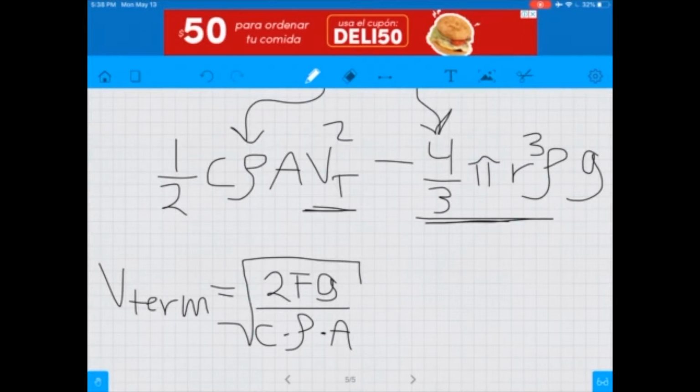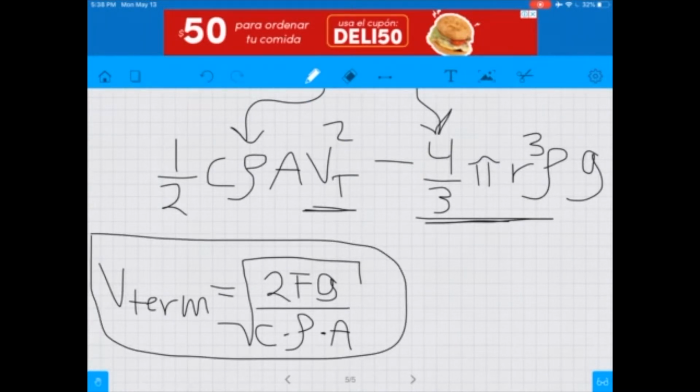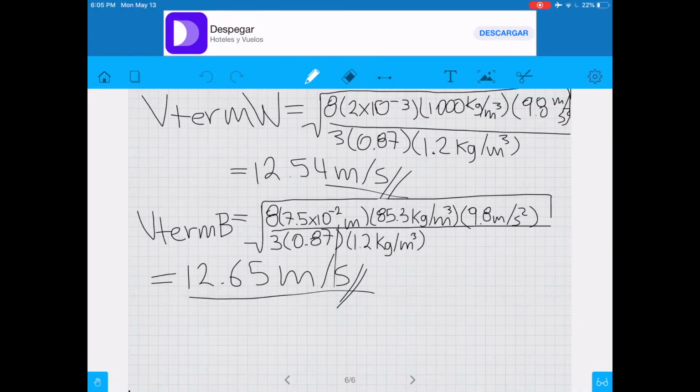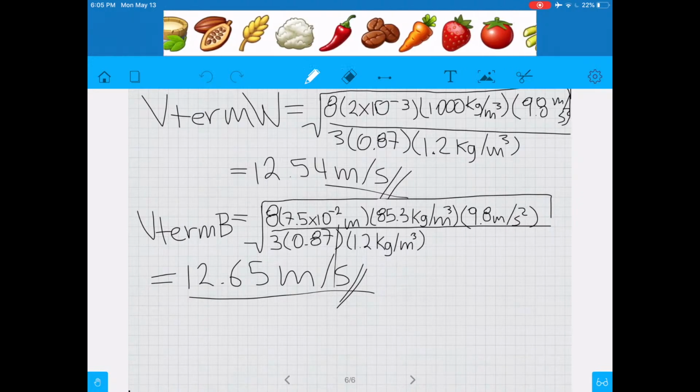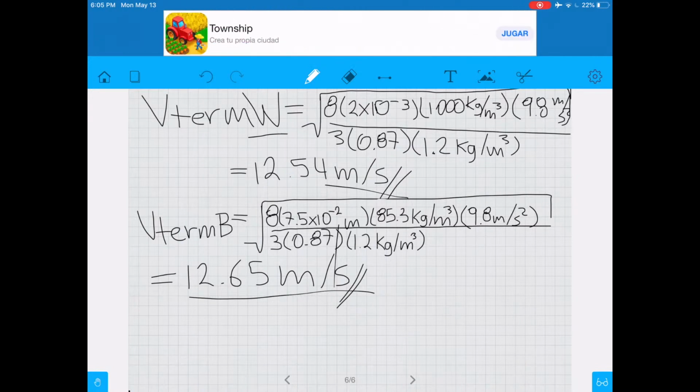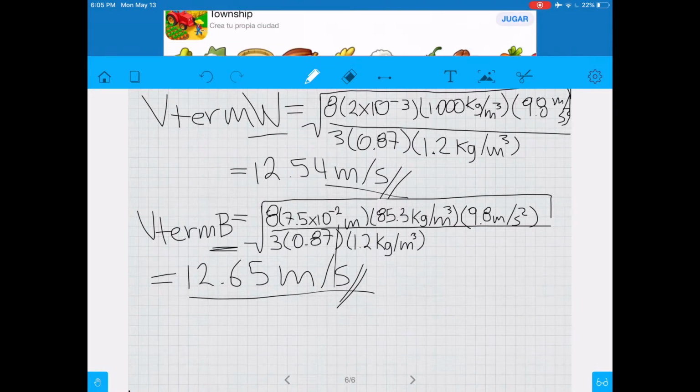Okay, so this is the general formula we'll be using for both objects. So if we enter our known values in the previous formula, we will find out the terminal velocity for our water drop and for our baseball.